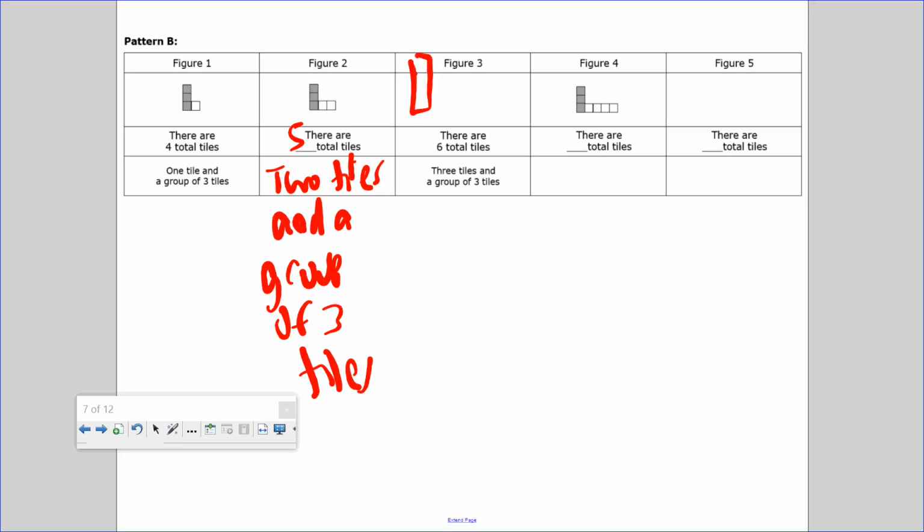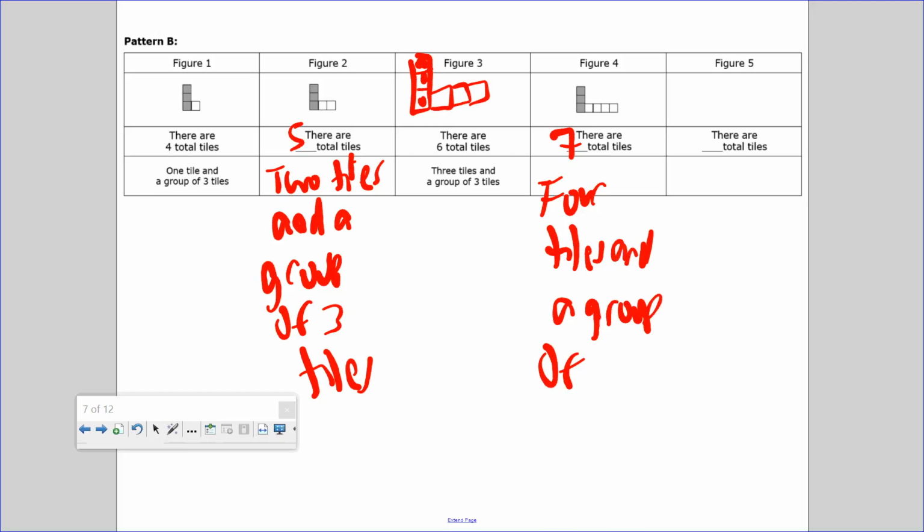So this is the original shape: 1, 2, 3. There are 6 tiles. There are 3 tiles here, and you start with a group of 3 tiles. How many are there? 3, 4, 5, 6, 7 total tiles. My verbal description is there are 4 tiles and a group of 3 tiles.